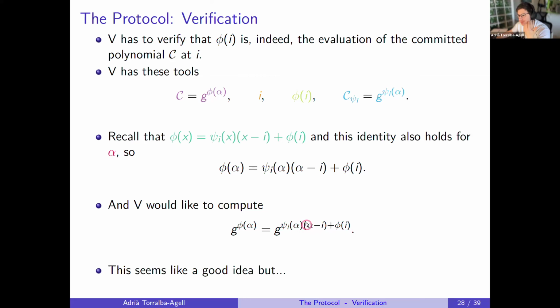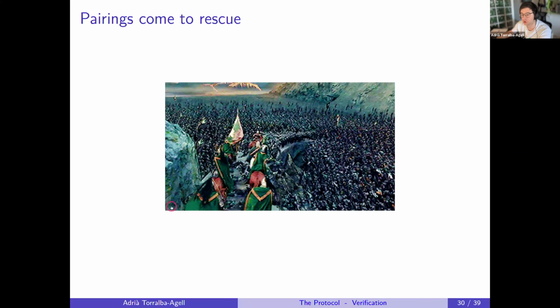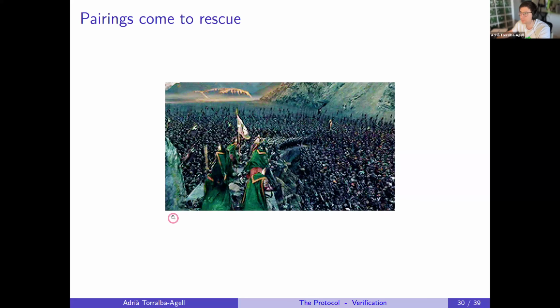So how can we do that? This seems a good idea, but to do that, the verifier needs to know alpha, and alpha is known only by the trusted party, and at the end of the setup phase, nobody knows alpha, not even the trusted party. Well, the answer is obviously no, we don't need to know alpha, because here is where pairings come to the rescue.